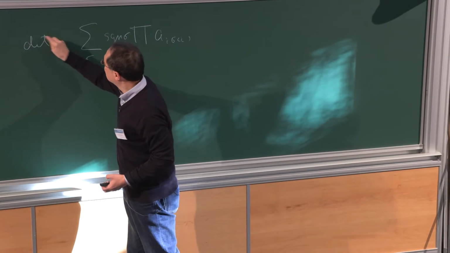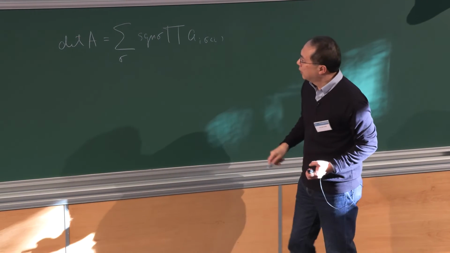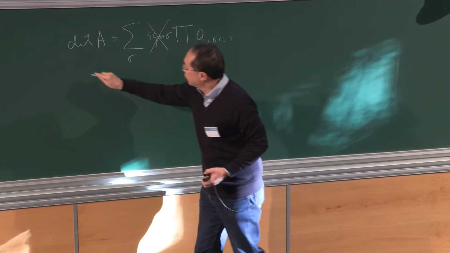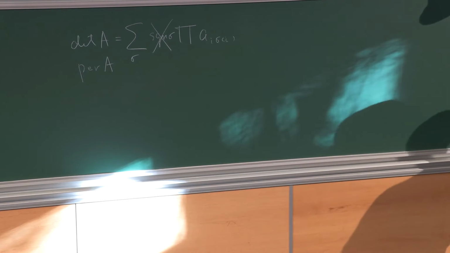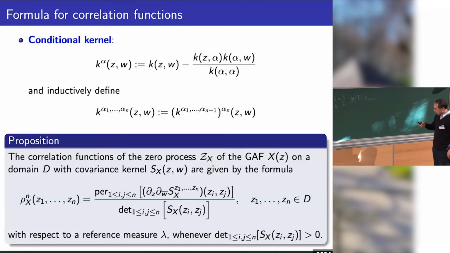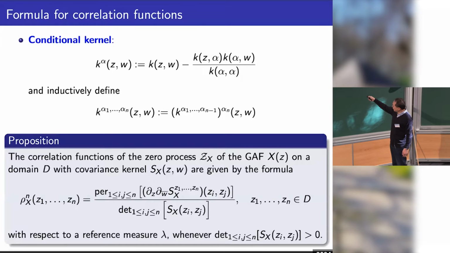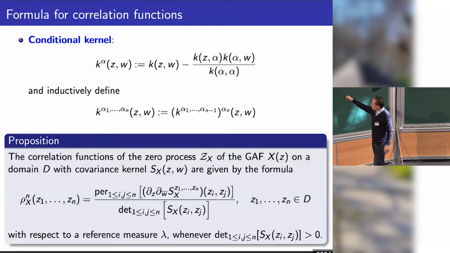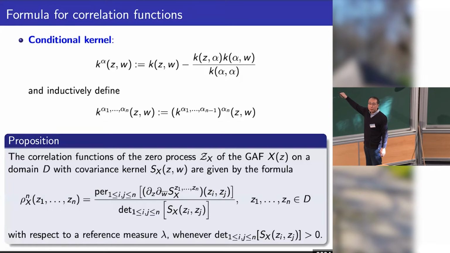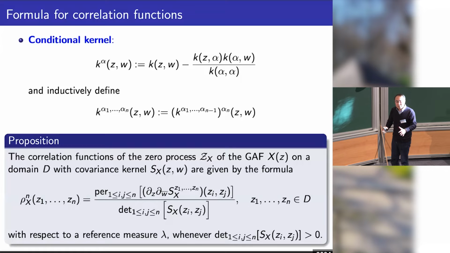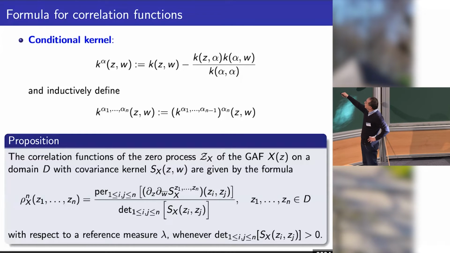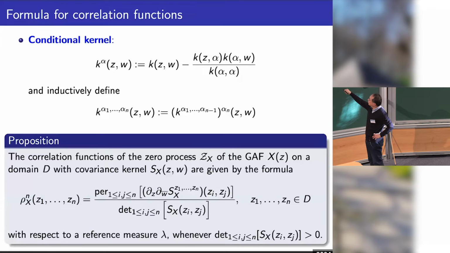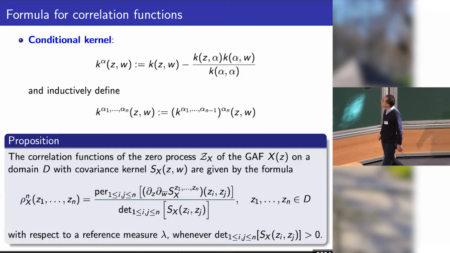If you remove the signs from the determinant, you get the permanent. You compute the permanent and the determinant of this kernel and take a ratio. Then you get the n-point correlation function, and the n-point correlation function determines the point process completely.